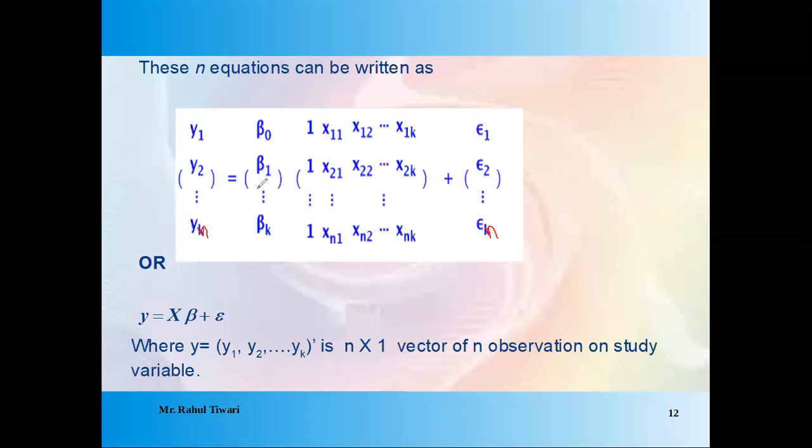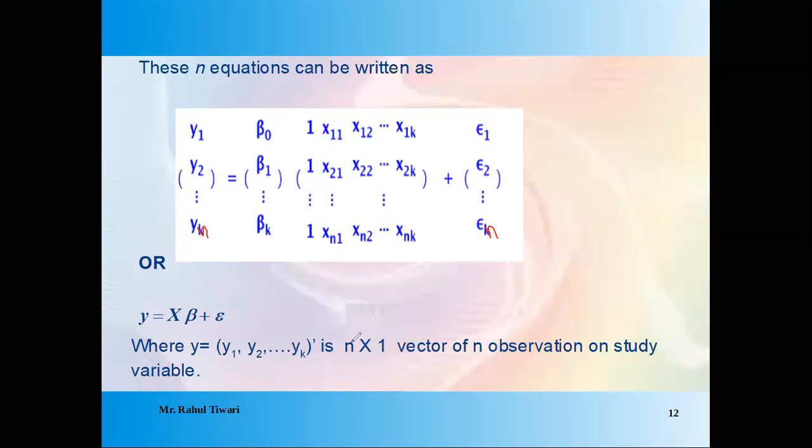This entire data, which I am converting in terms of the linear model, is called the linear model: y is equal to x beta plus epsilon. But here we have to understand the order of each observation, each variable, dependent, independent, coefficient, and so on, since 1, 2, 3, 4 up to n.